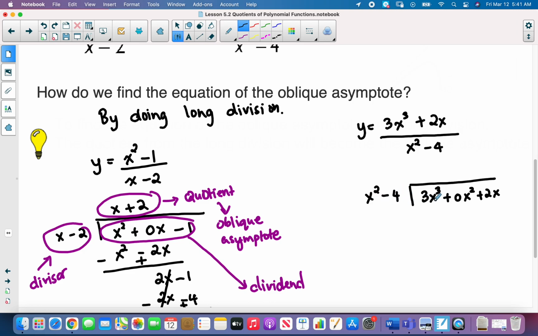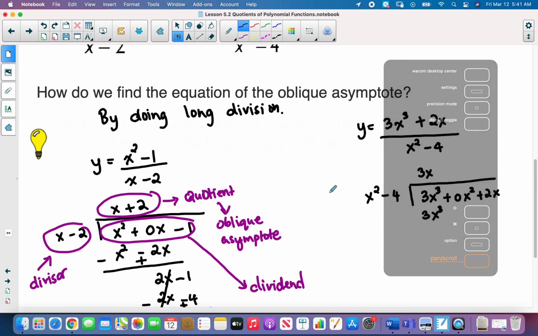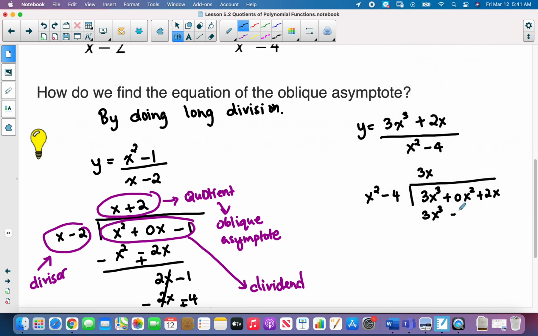To go from x squared to 3x cubed, we needed a 3x. So 3x times x squared is 3x cubed. 3 times negative 4 is negative 12x.